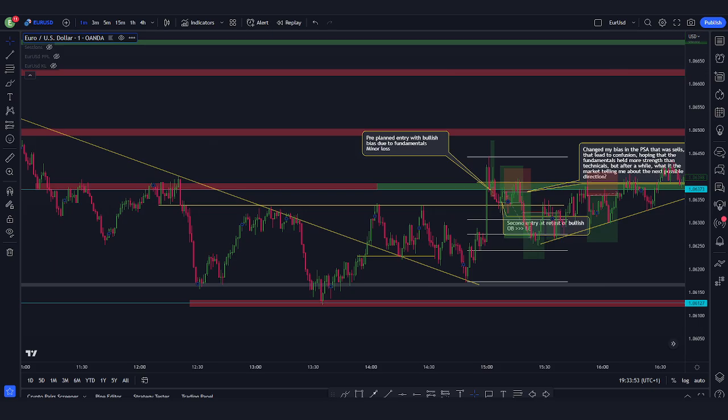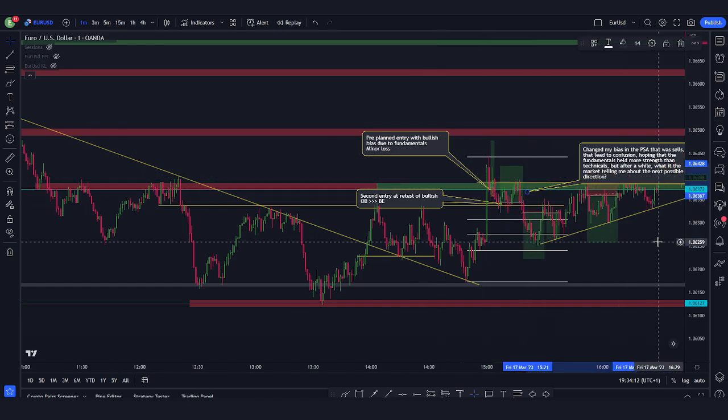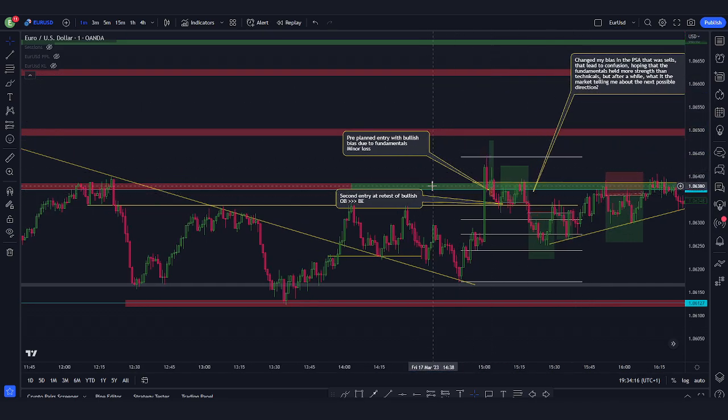Then price was staying in a little bit of a range, so maybe I was looking for buys above this level, but I was also confused because I was also looking for sells. So what I actually did was enter buys. Also, that's when we had some fundamentals.